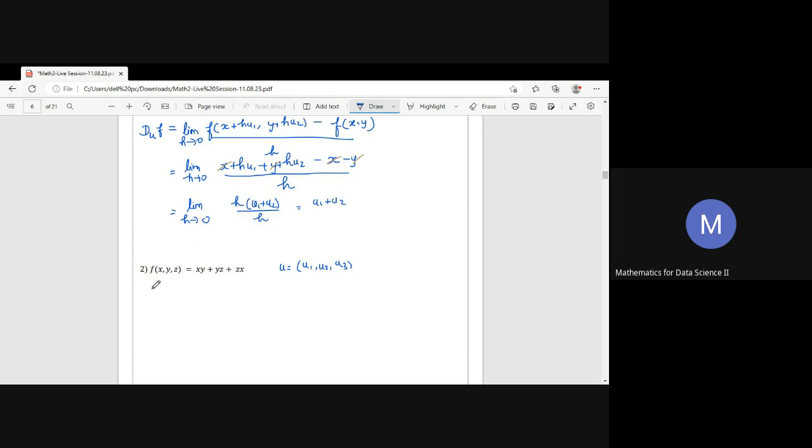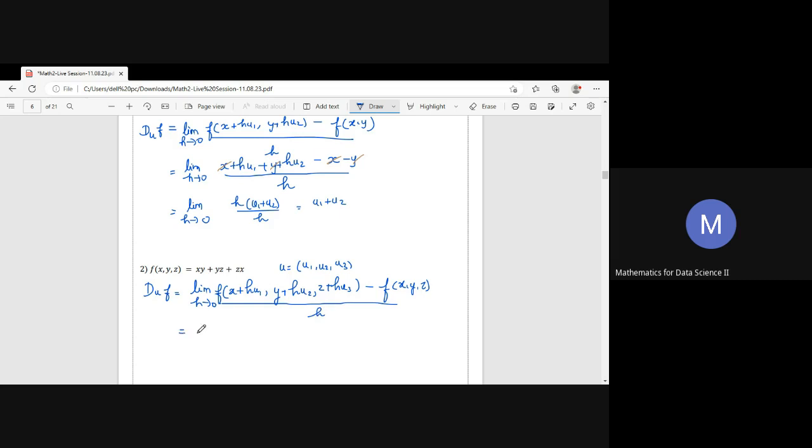So now again, this is limit h going to 0, f of x plus hu1, y plus hu2, comma z plus hu3, minus f of x comma y comma z, the whole divided by h.